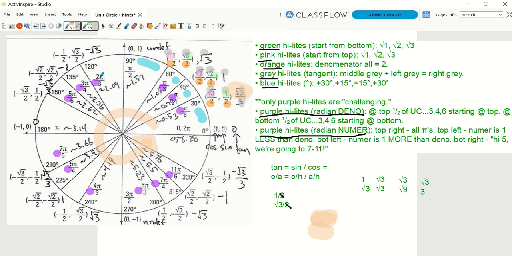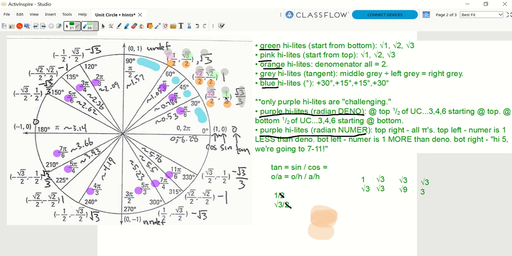You always go one less. 2 is one less than 3, 3 is one less than 4, 5 is one less than 6. And here it's going to be one more, 7 is one more than 6, 5 is one more than 4, 4 is one more than 3. And then here for the bottom right, you just go high five, we're going to 7-Eleven.